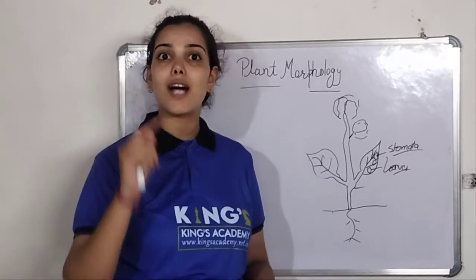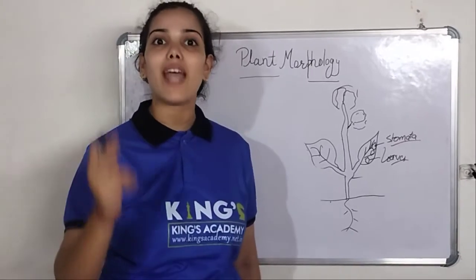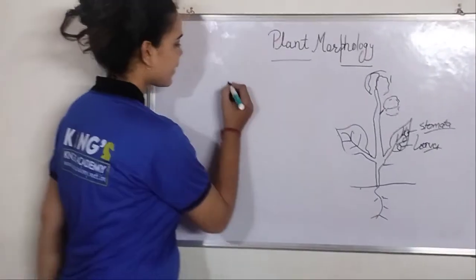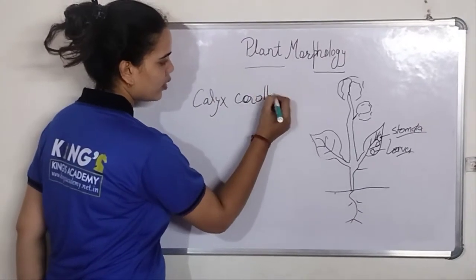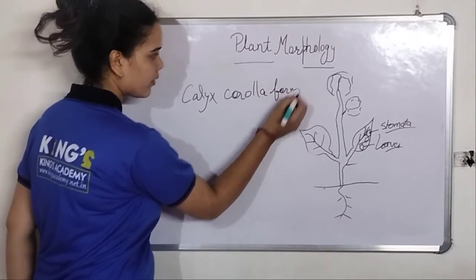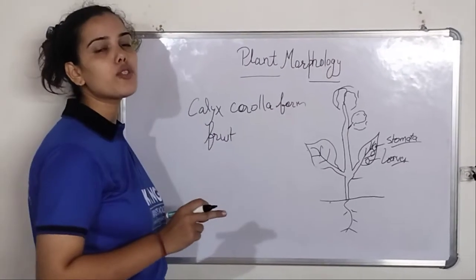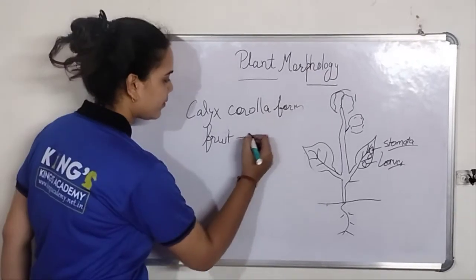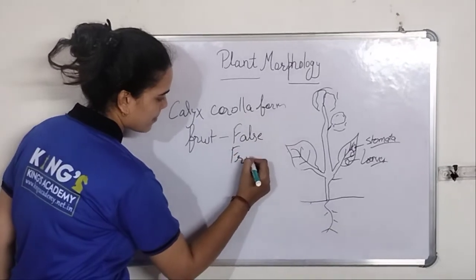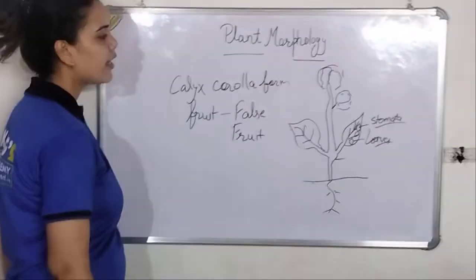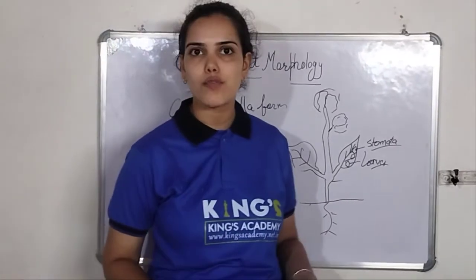But when fruit comes from the calyx or corolla, this type of fruit is known as false fruit.